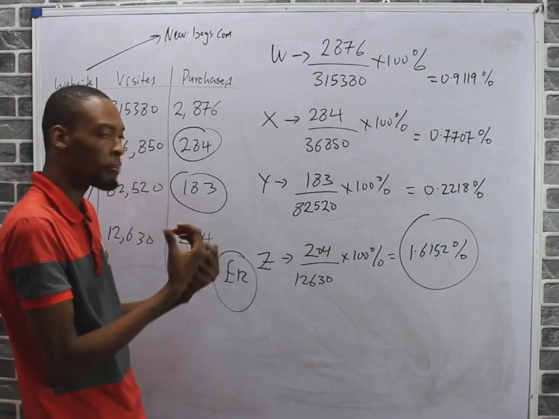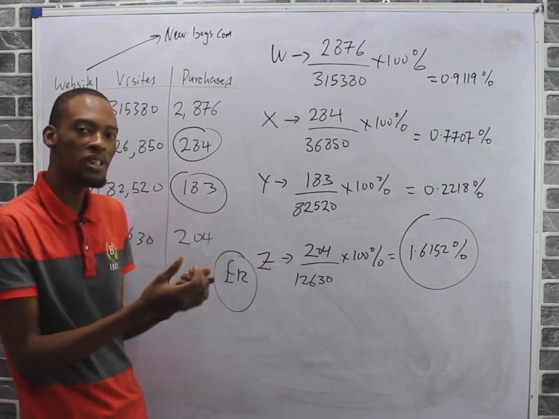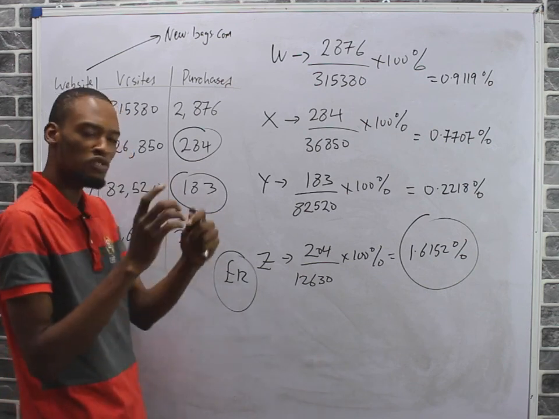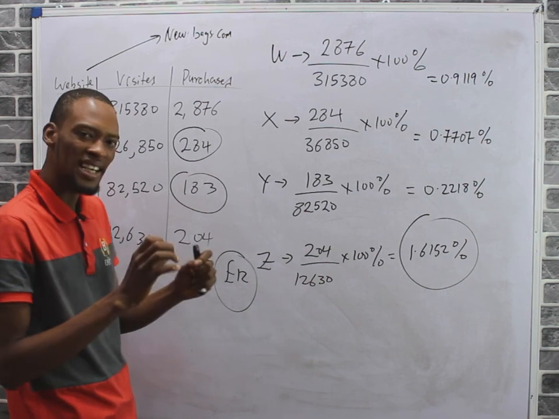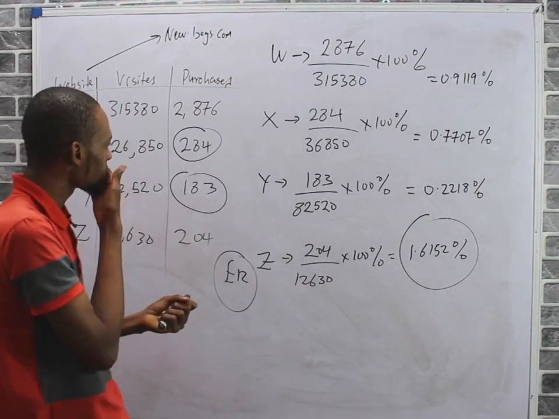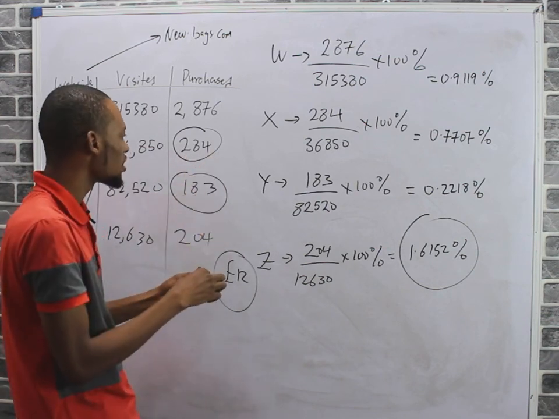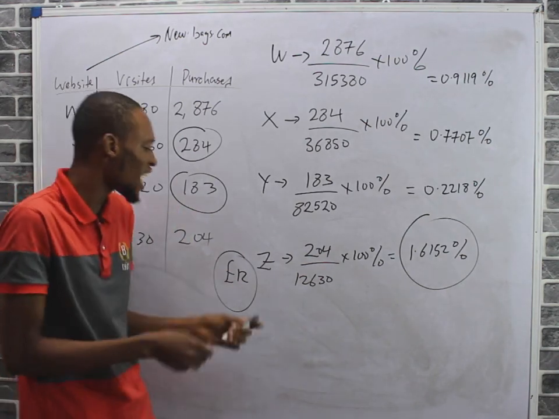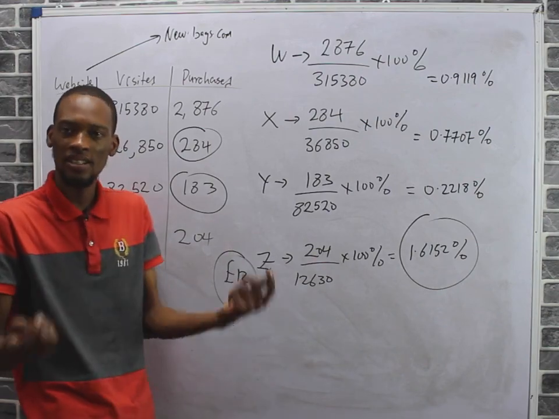Then you calculate the amount made from website Y, which is simply 183 times £12, since it is £12 per sale. You will get the answer. Or you can simply say 284 minus 183, which means the difference in sales from S and Y, times how much per sale. That will give you the same answer.